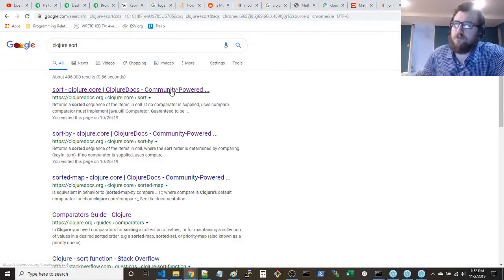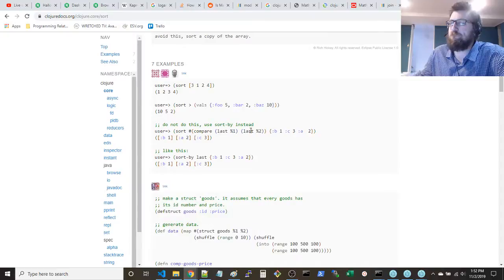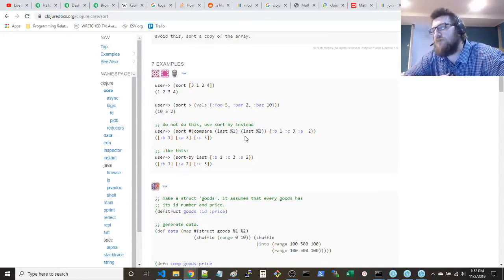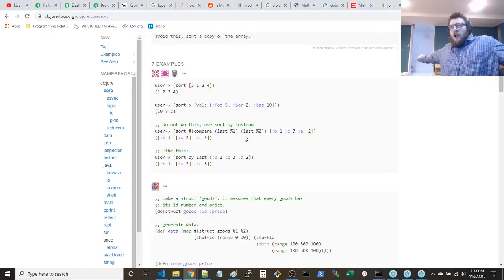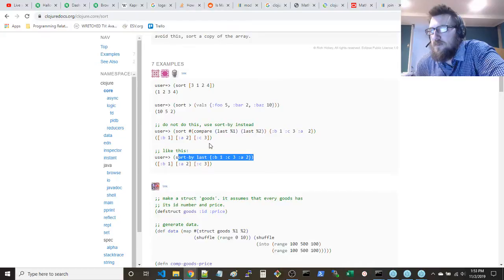Let's just try Clojure sort. Comparator collection. Compare last one, last two. Excuse me, did not do this. Use sort by instead. Sort by last. There we go. Okay, so we're going to sort by.